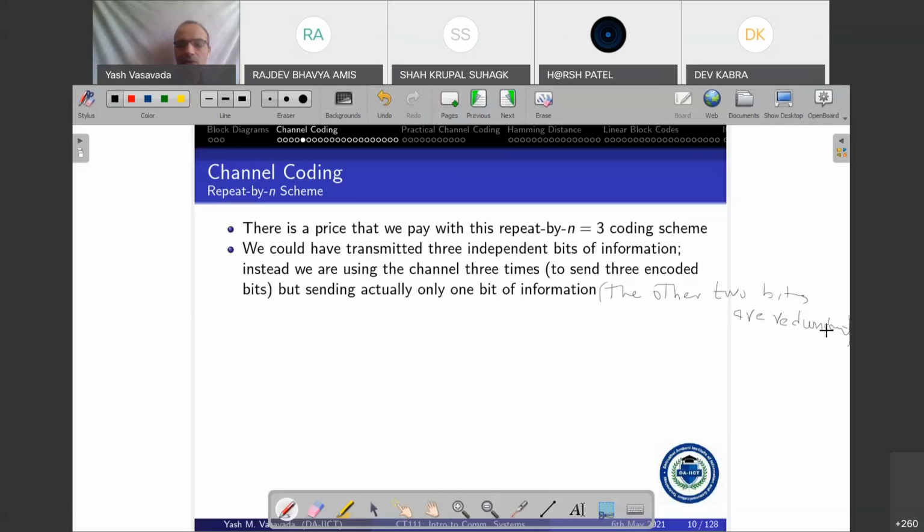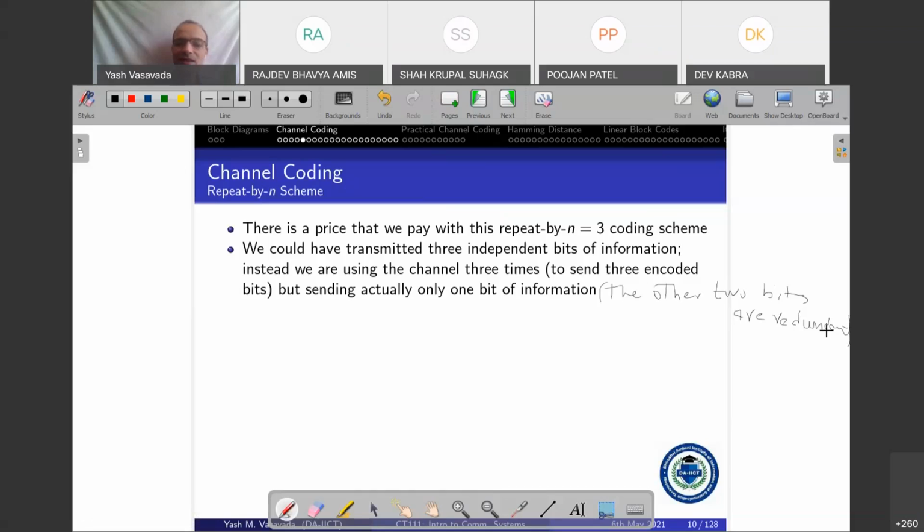Okay, so this concept of redundancy, meaning that we are sending more bits than actually necessary, does it remind you of something? Source coding. Source coding, exactly, right. So in source coding, the objective is to squeeze out the redundancy.